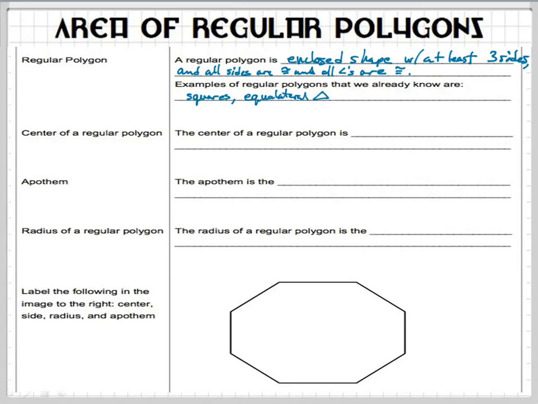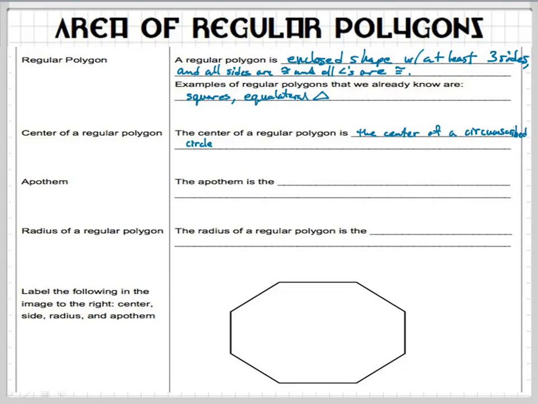Okay? The center of a polygon is the center of a circumscribed circle. What is that? Circumscribed circle? I'll show you.